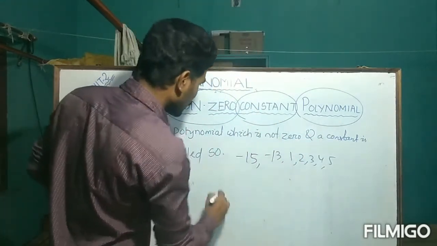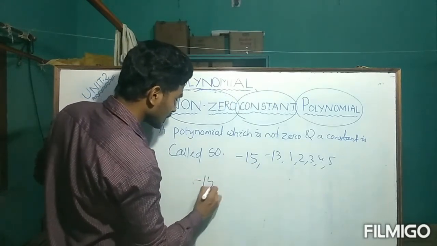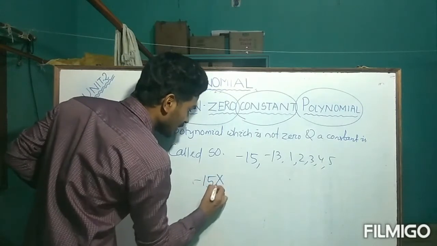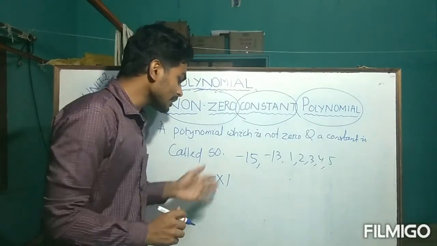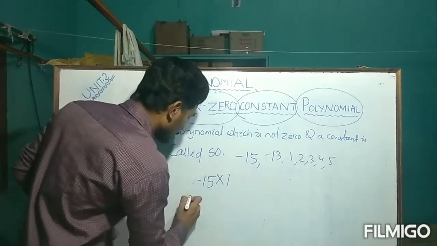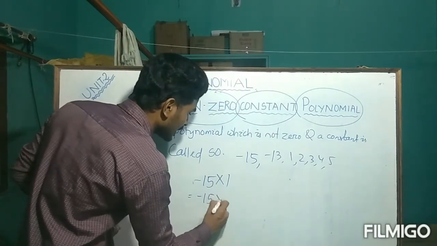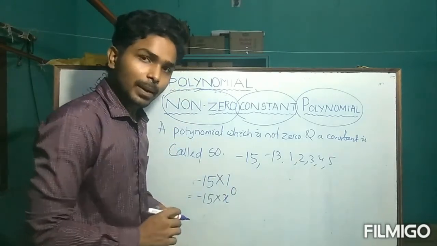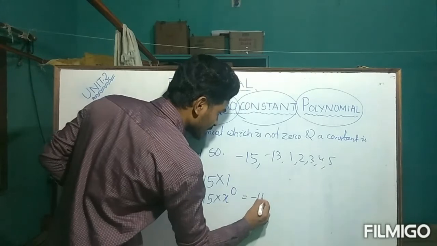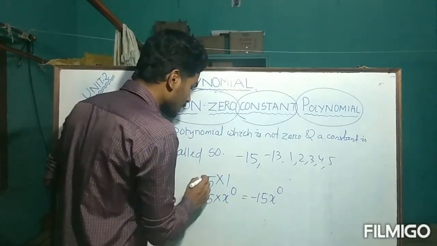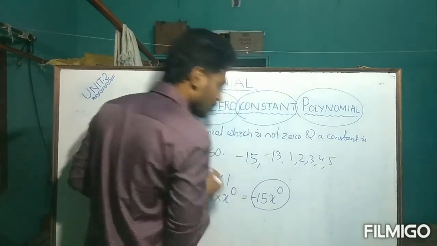Let us take the example of minus 15. Minus 15 can be written as minus 15 into 1, because after multiplication by 1, the value of any number doesn't change. So we can also write it as minus 15 into x to the power 0, which is equal to minus 15 x to the power 0.